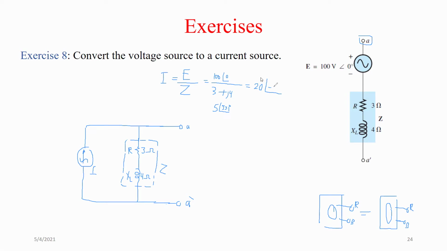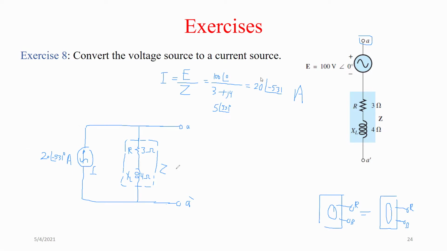So the angle here is minus 53.1. So I come here and I say it's 20 angle minus 53.1 ampere. This is now the equivalent current source.